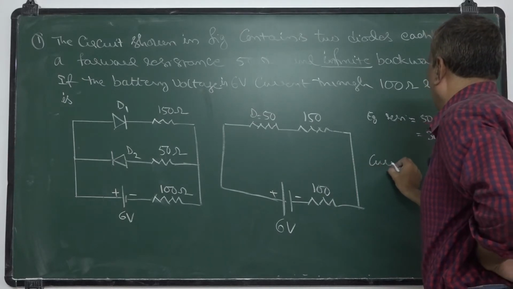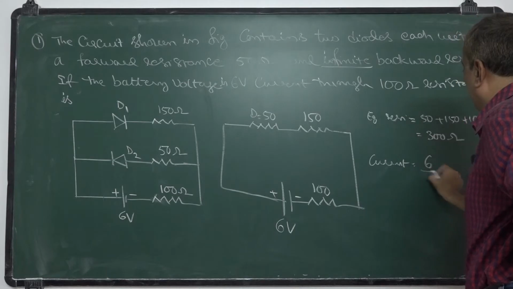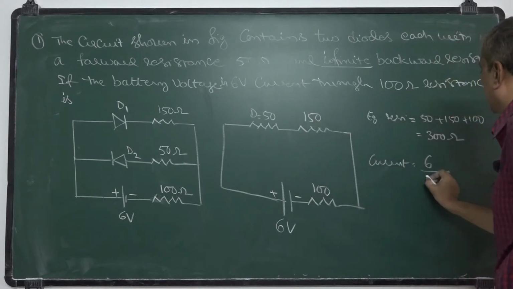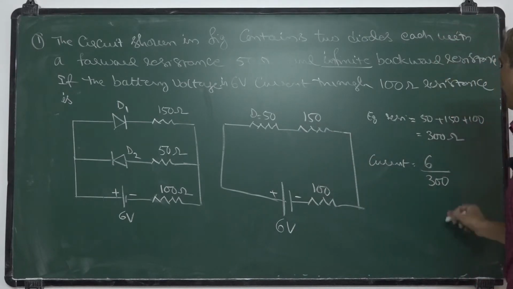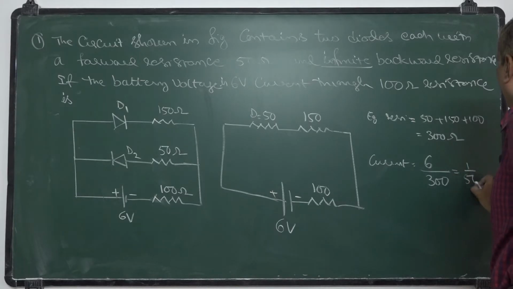Now current is equal to 6 volt by total equivalent resistance, that is 300. That is 1 by 50.